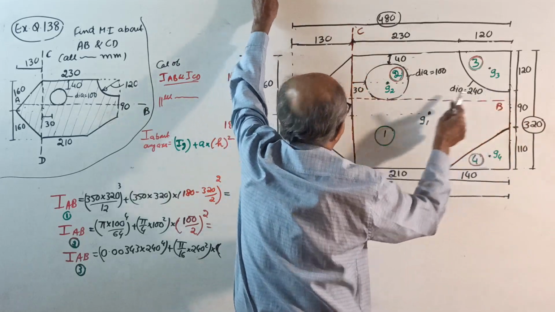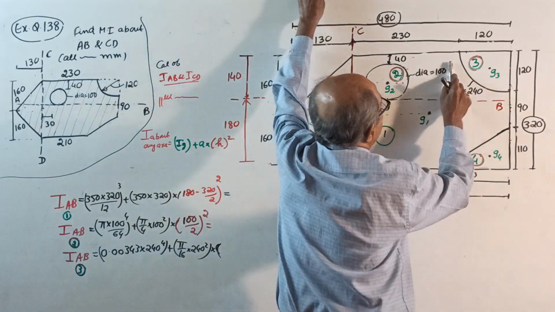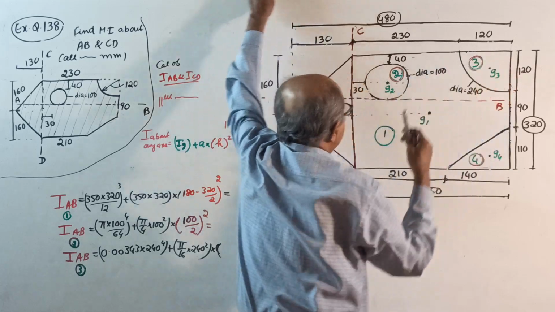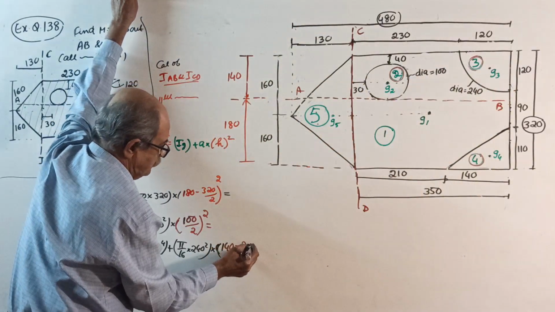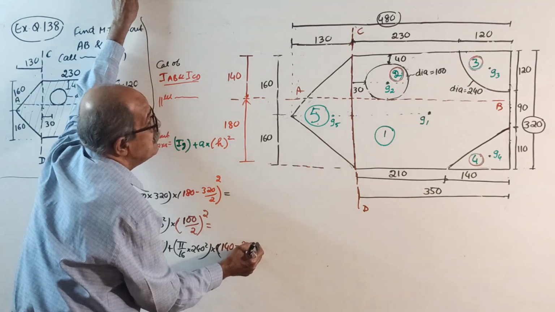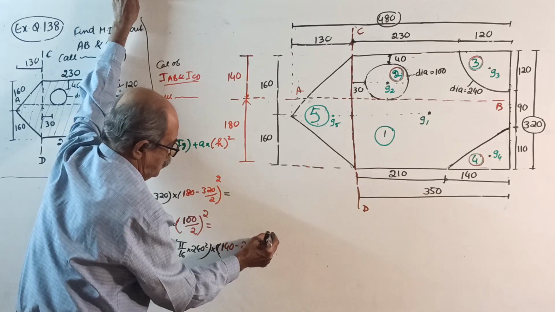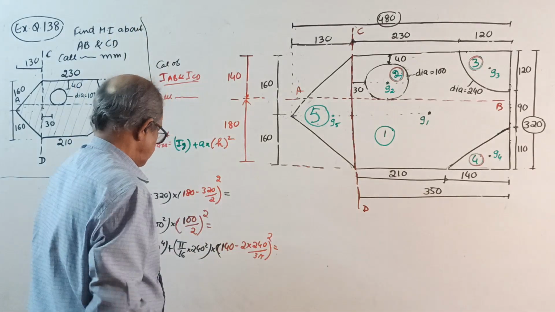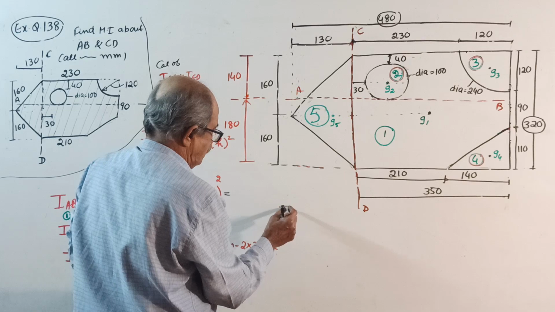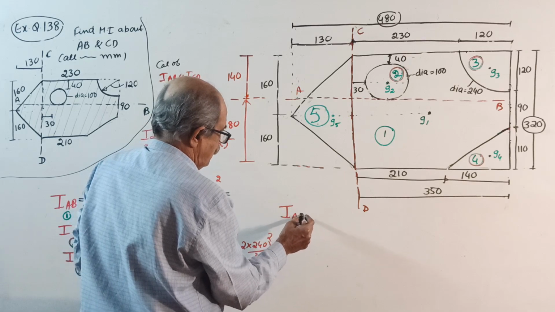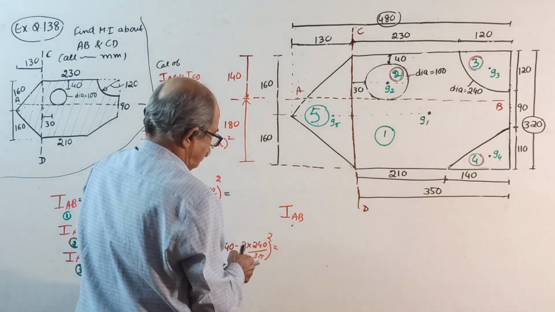You don't know this distance. See here, it is 140 minus 2d by 3 pi. First of all, I need not explain, 2 into diameter is 240 divided by 3 pi, whole square. Calculate this answer. Then next, I about AB for part number 4. Part number 4.